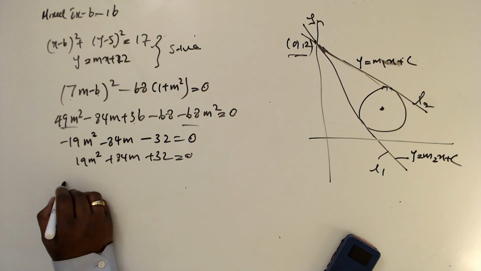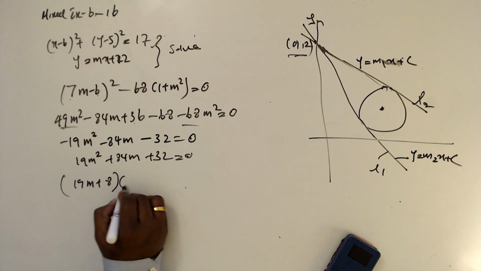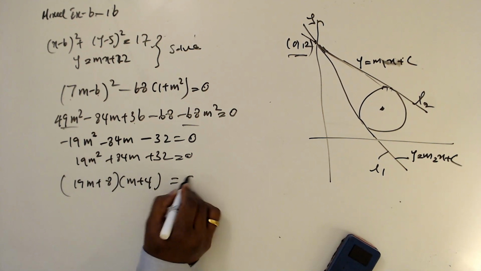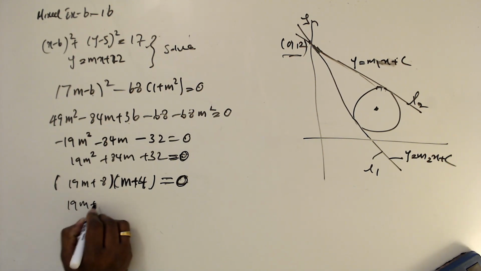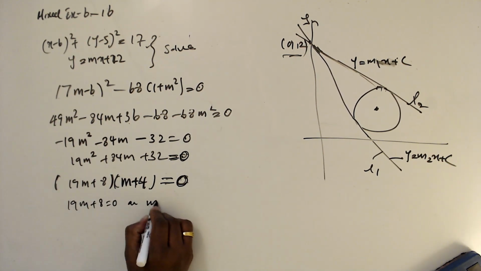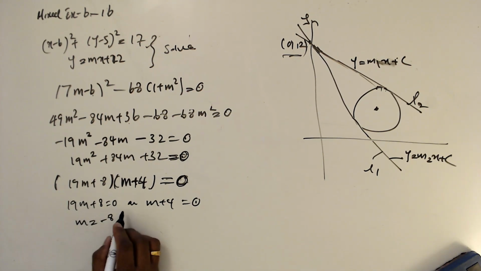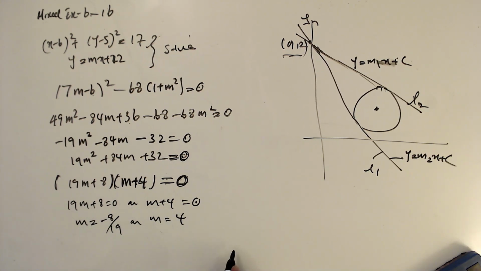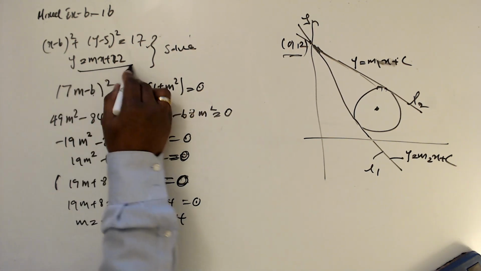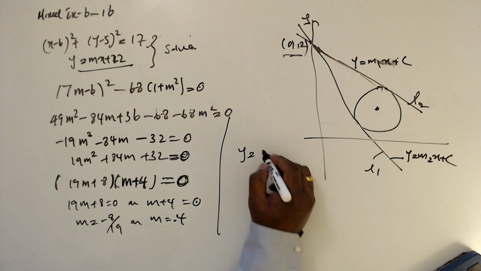Now you can bracket out. This is going to be 19m plus 8 and m plus 4 equal 0. Hence 19m plus 8 equals 0 or m plus 4 equals 0. Hence m equal minus 8 over 19 or m equal minus 4. Now we can write two equations, y equal, for the 2 m's.